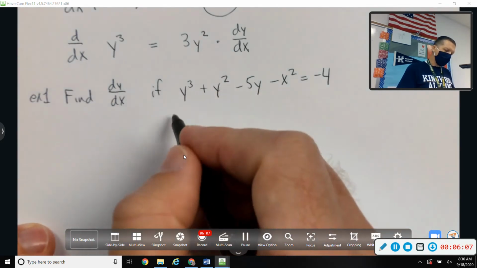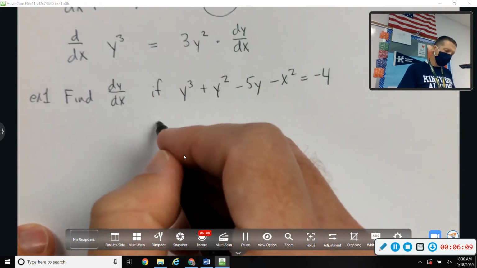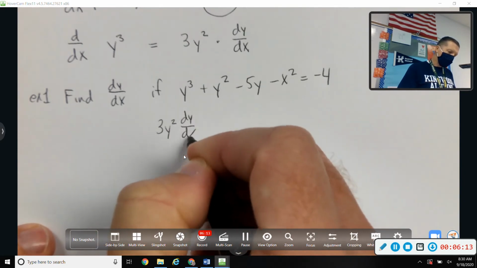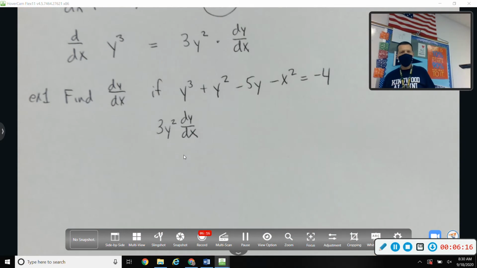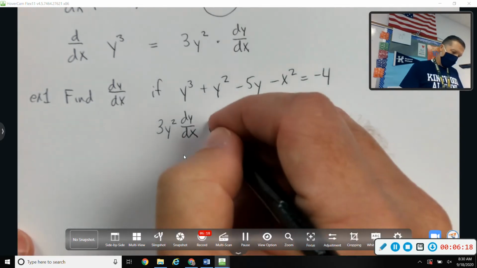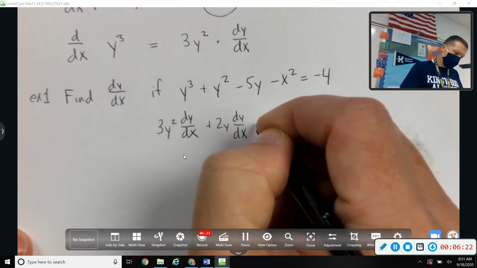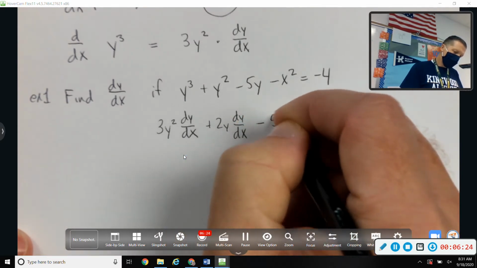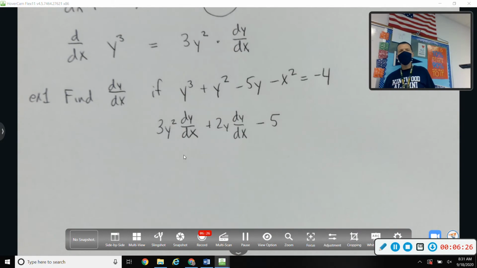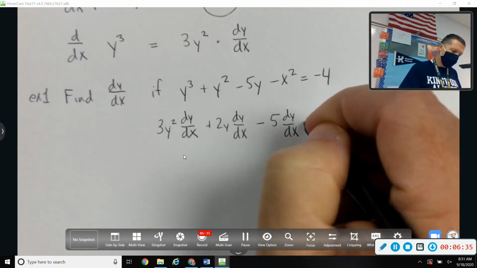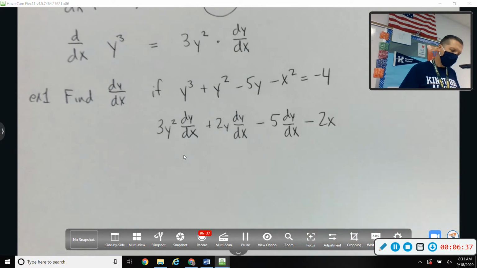So the derivative of y cubed, we just did that one. That's 3y squared dy dx plus 2y dy dx minus 5, but not just 5 because y has a derivative, dy dx, so 5 dy dx minus 2x.